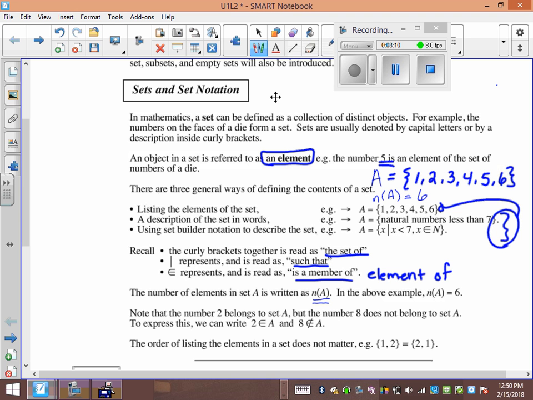Could I fill 1, 2, 3, 4, 5, and 6 into a numeric response box? No, you have 4 numbers you can fill into a numeric response box. Could you fill 6 into a numeric response box? Yes. So they ask for the number of elements in a set because then it can be asked as a numeric response question. If they don't ask you for the number of elements in that set, can you list 10 in 4 boxes? No. Can you write the number 10? Yes. Okay, that's why they do it.